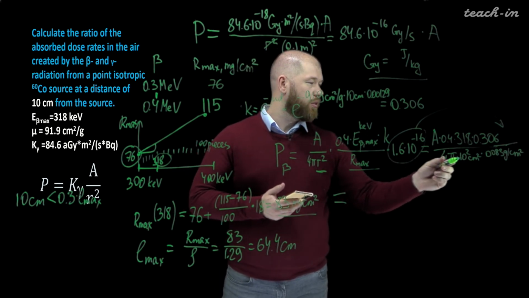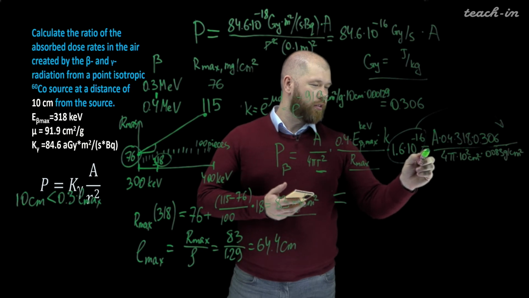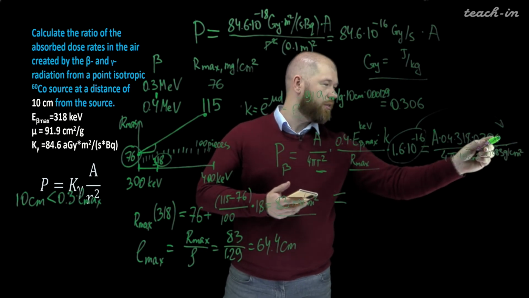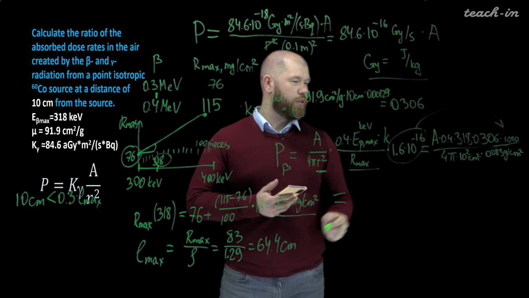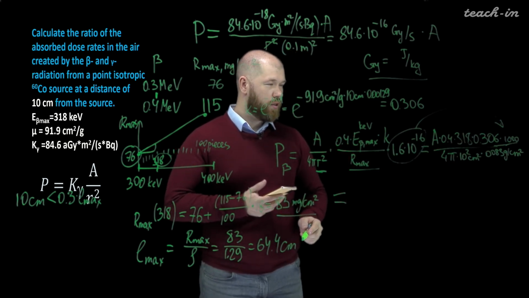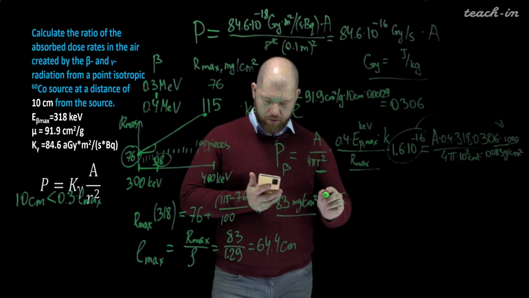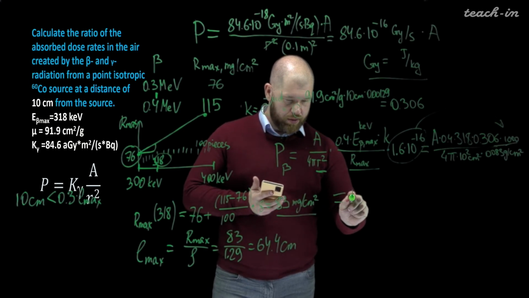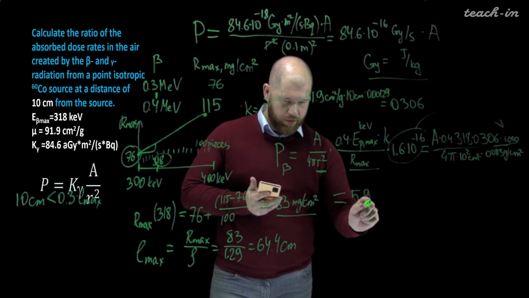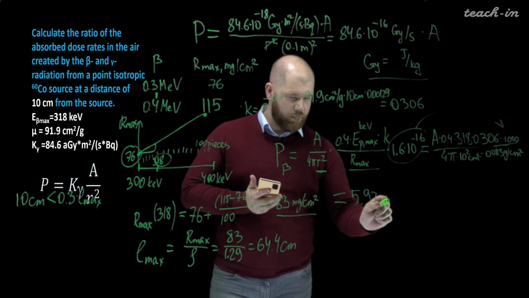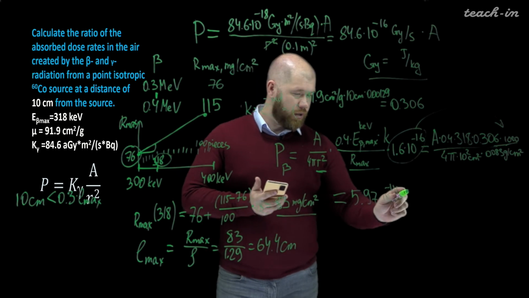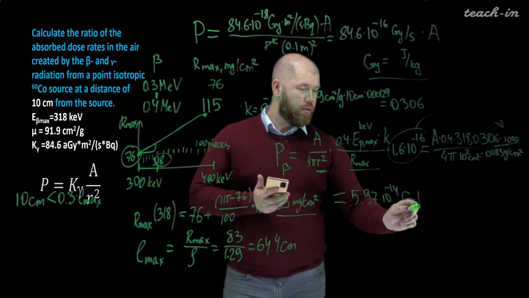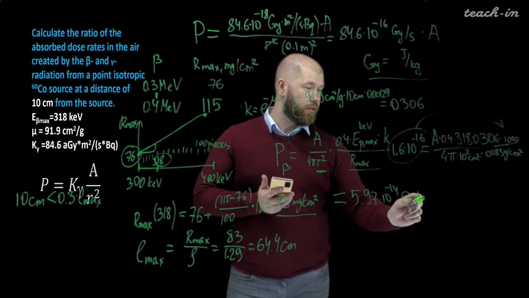Also multiplied by 1000 somewhere here, and also addition of this coefficient. So I got this number, 97 10 to the minus 14 gray per second. Yeah.